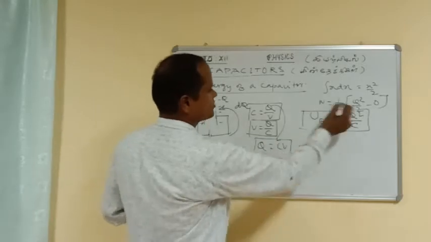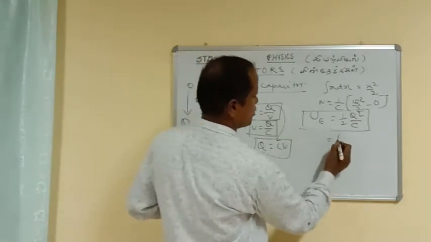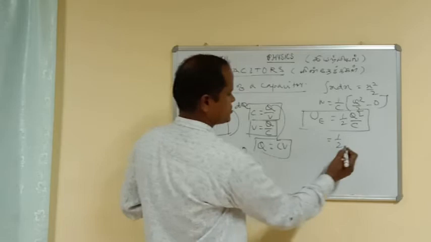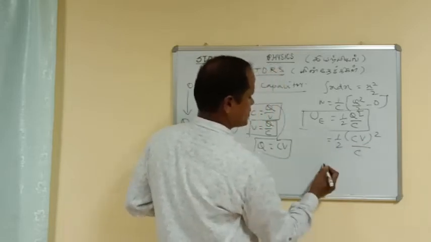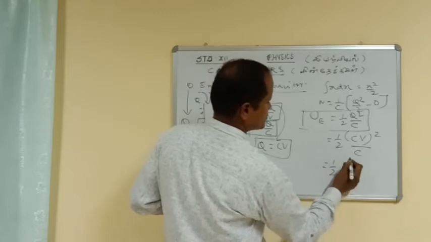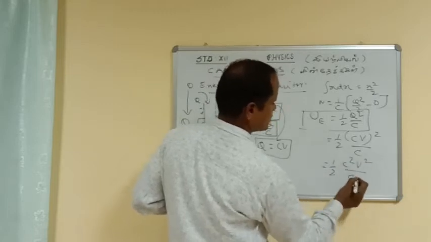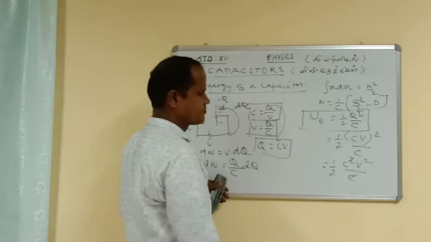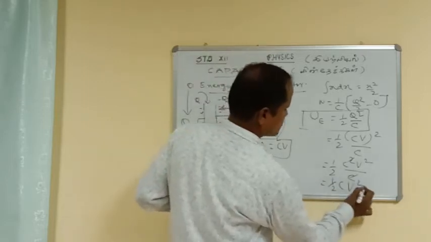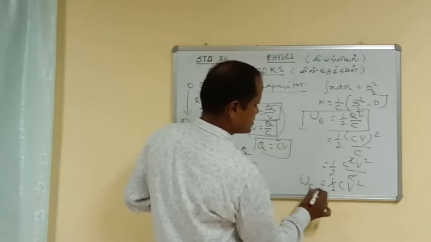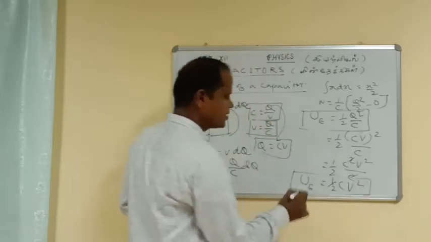Substitute this value here. This becomes half of CV whole squared by C, so this becomes half of C squared V squared by C. Again cancel one C. Now this becomes half C V squared. This is the energy stored in a capacitor.